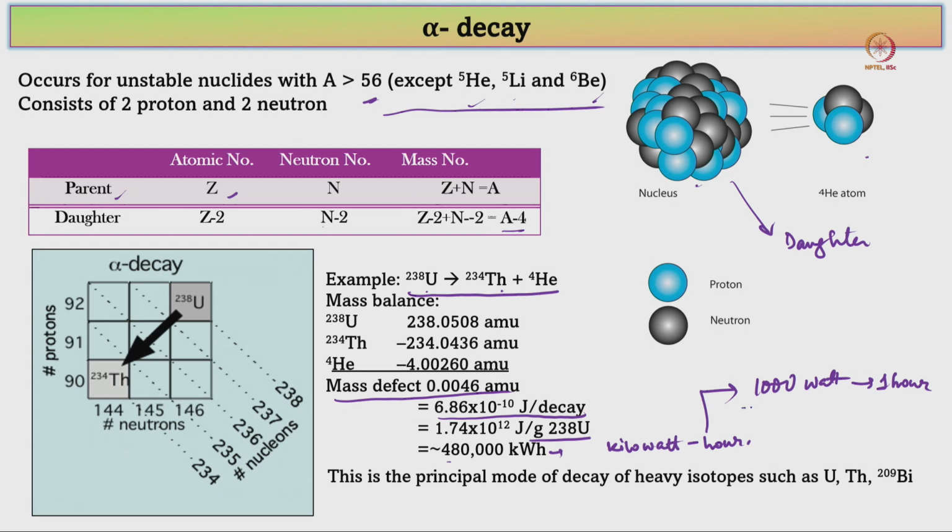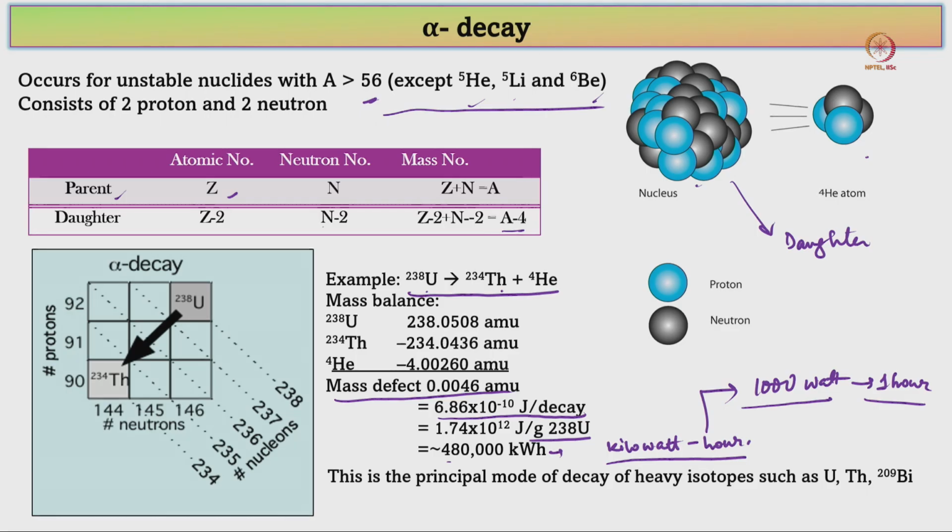That is the total energy explained by 1 kilowatt hour. Imagine you can run 480,000 such appliances from the decay of just 1 gram of 238 uranium.